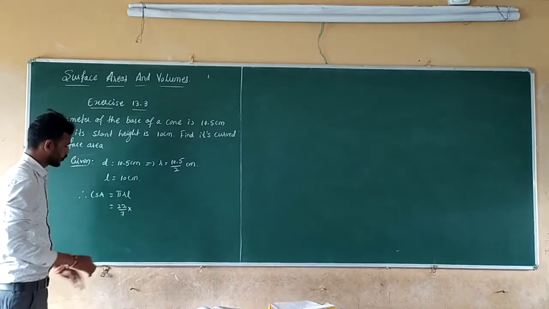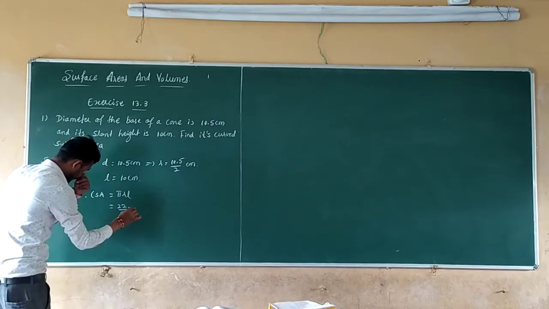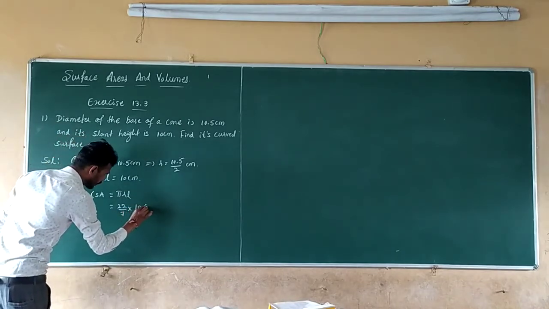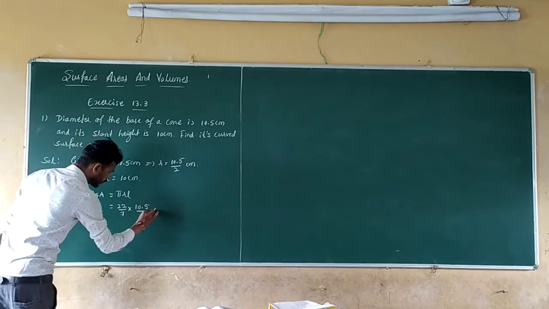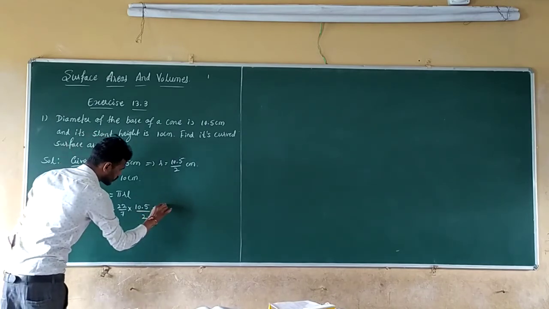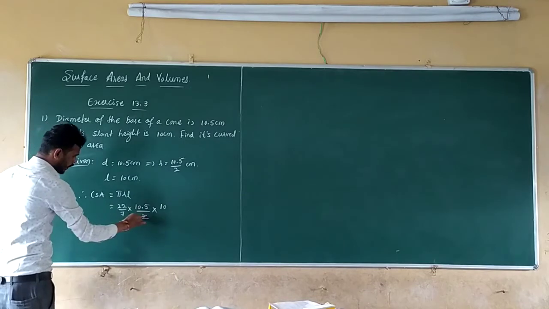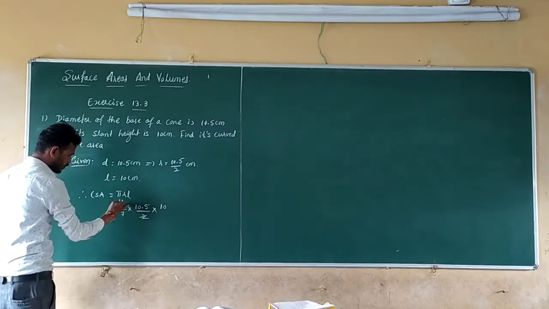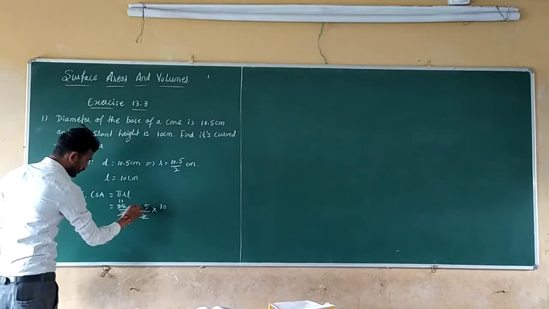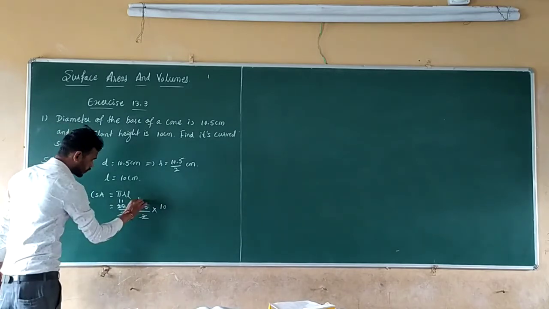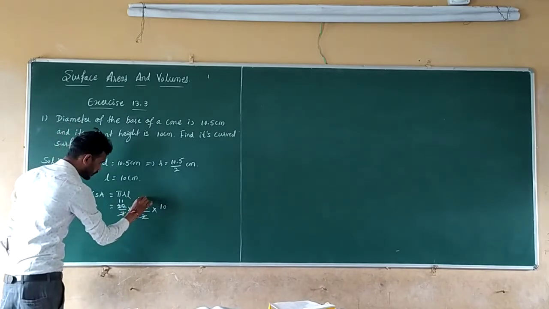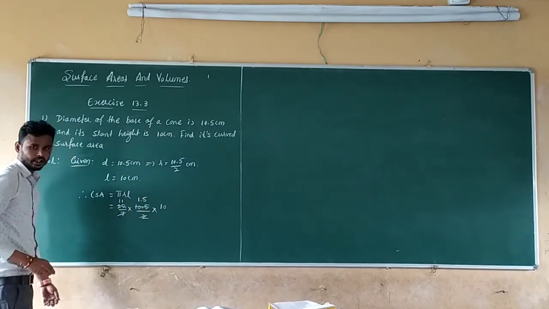So pi is 22 by 7 into radius 10.5 divided by 2 into slant height 10. Here 7 ones are 7, 7 fives are 35.